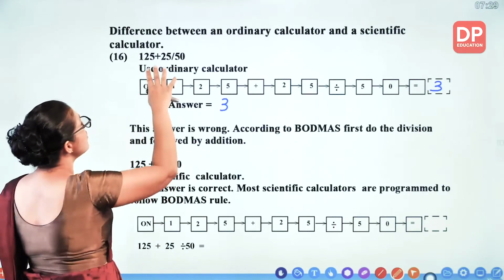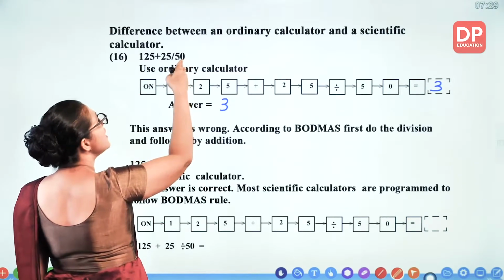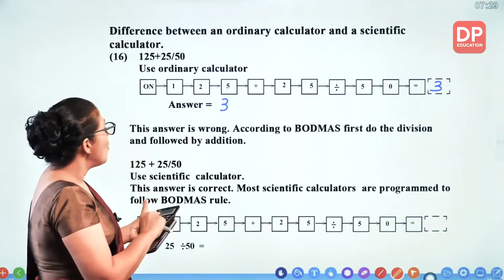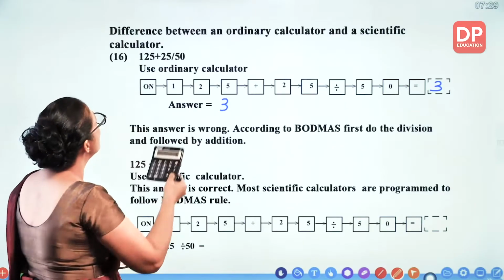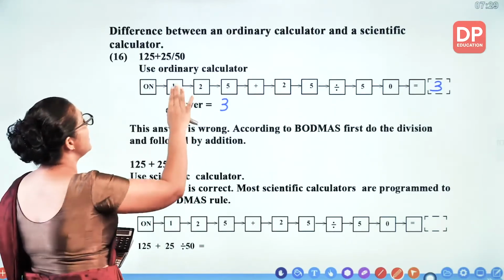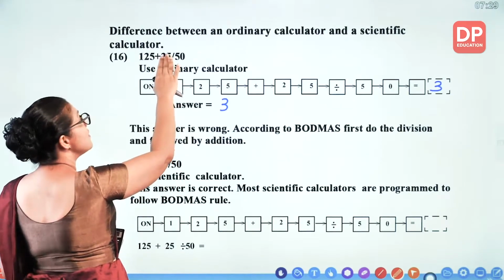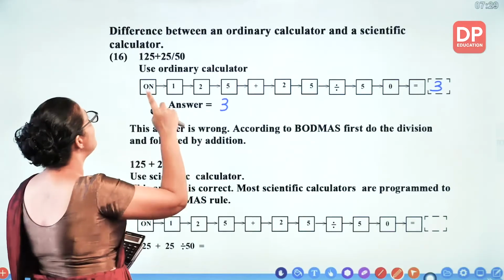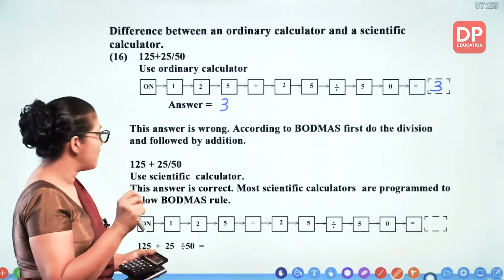But we want only 25 divided by 50 and then add it to 125. So with an ordinary one, you have to do it separately: 25 divided by 50 first according to BODMAS, and then add 125.